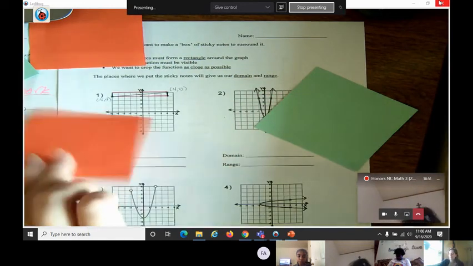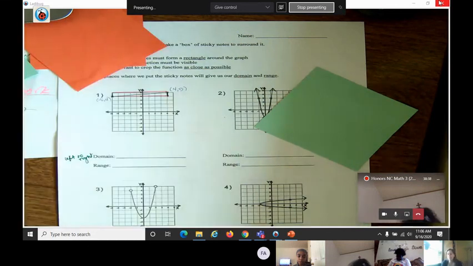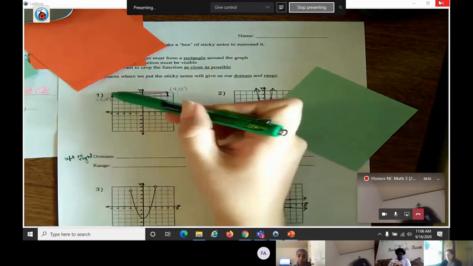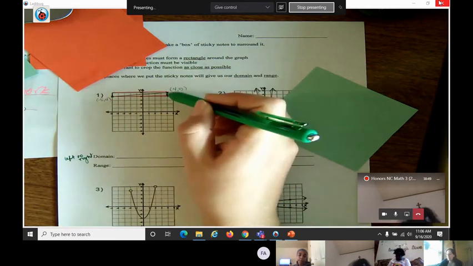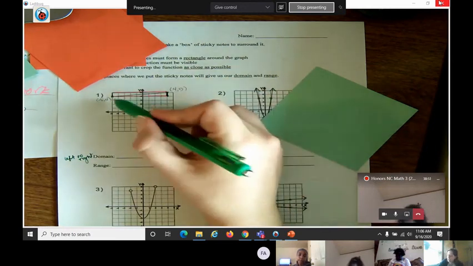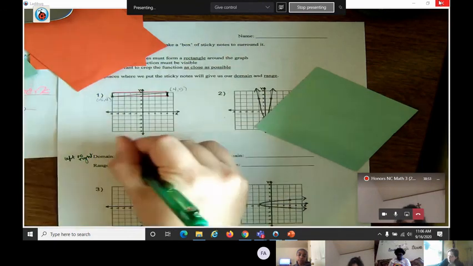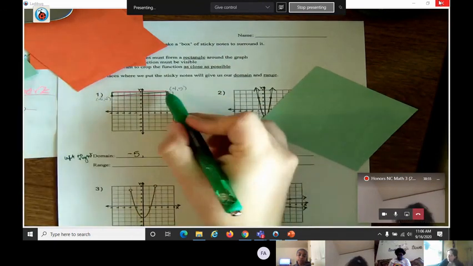Okay. And so I have made a rectangle around my function. And I've cropped it as close as possible, but I haven't actually cut off any of the function. So my domain is going to be where my green line is farthest to the left, all the way to where my green line is farthest to the right. So it's at -5, and it goes all the way out to 4.